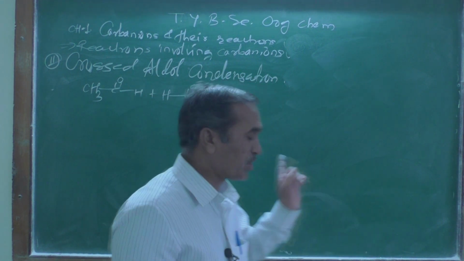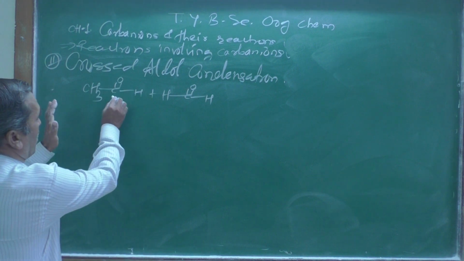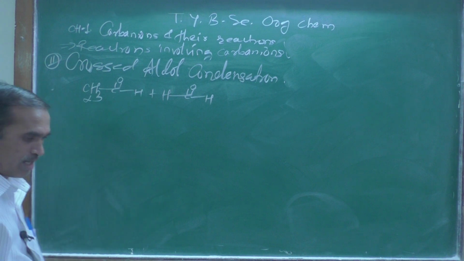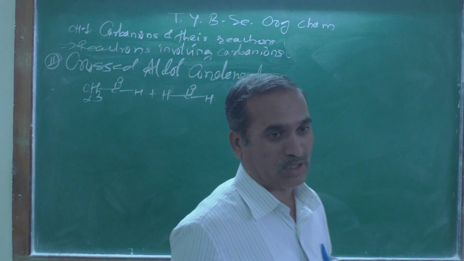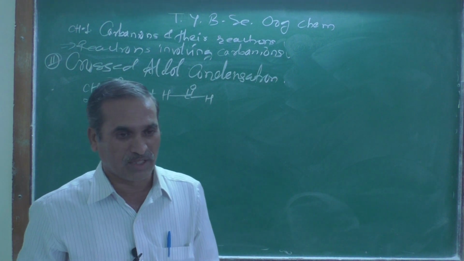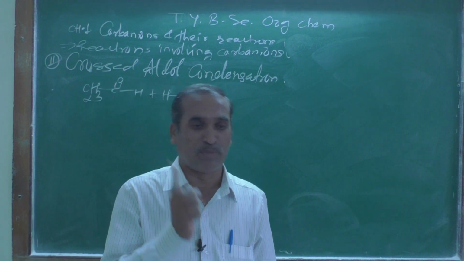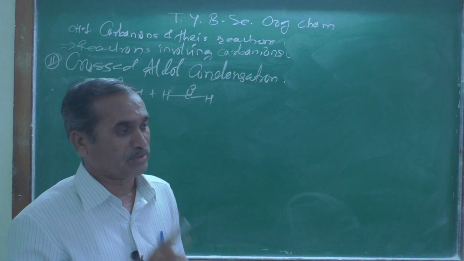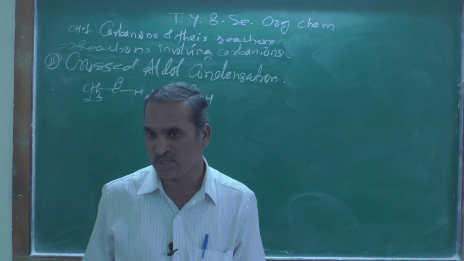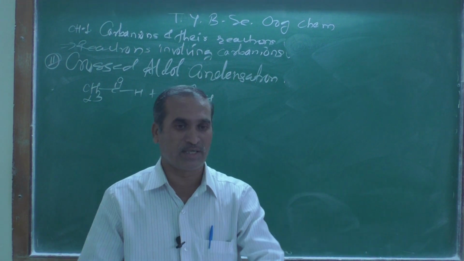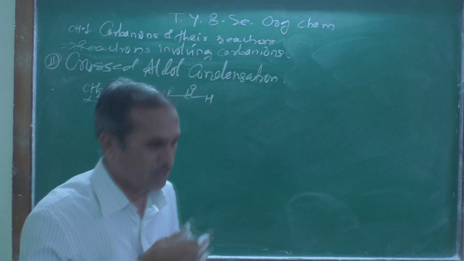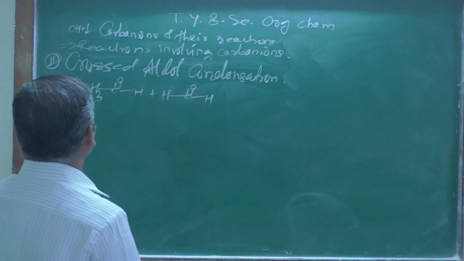Yes, because here there are carbonyl compounds, no doubt, and one of them has an alpha hydrogen atom. The criteria required for the cross aldol condensation reaction is that one of the aldehyde or the ketone must have an alpha hydrogen atom, and the other molecule should not have an alpha hydrogen atom. Then aldol condensation takes place with a higher yielding product, more than 90%.